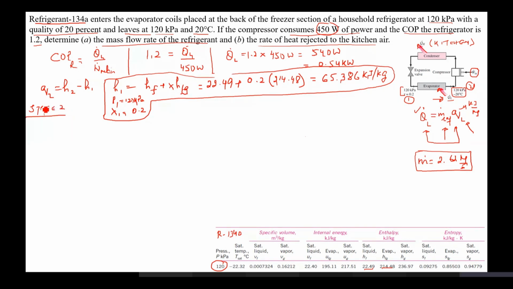For state 2, you have the pressure as 120 kilopascal or 0.12 megapascal, and your temperature is, sorry, this is minus 20 degrees centigrade.